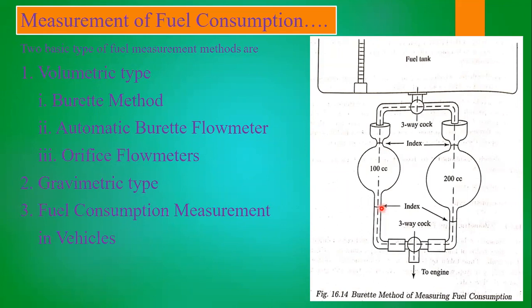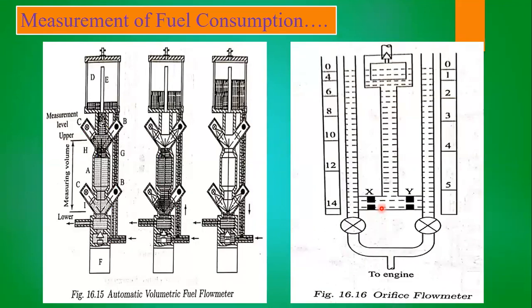So what we are going to do is attach an automatic timer with the help of several pieces of equipment. This is the device which will measure fuel consumption automatically. Here we are not the observer. The device itself is the observer for the start and stop of the engine.